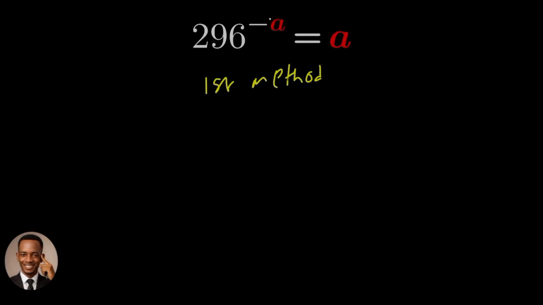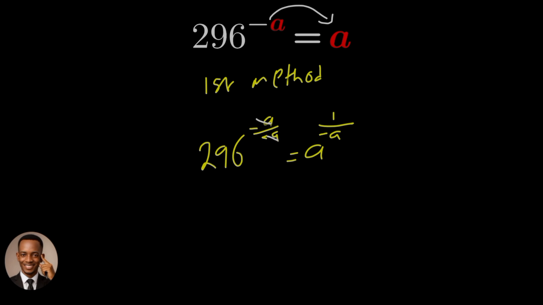So what we do here is that we take minus a to the other side of the equation, and we do that by dividing the power of both sides by minus a. 256 to the power of minus a divided by minus a equals a to the power of 1 over minus a.